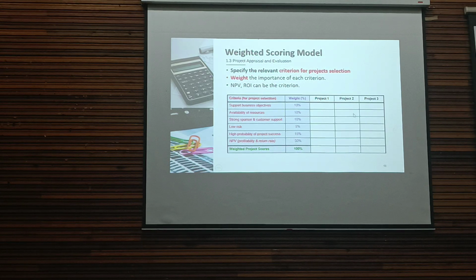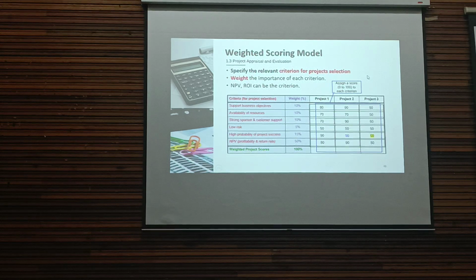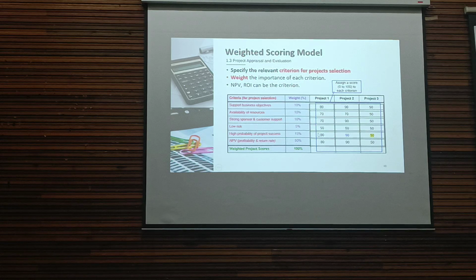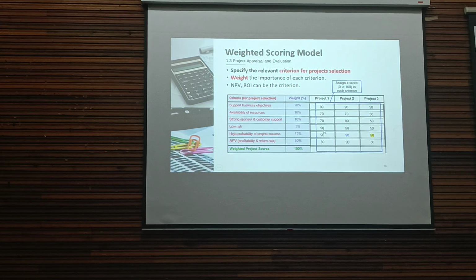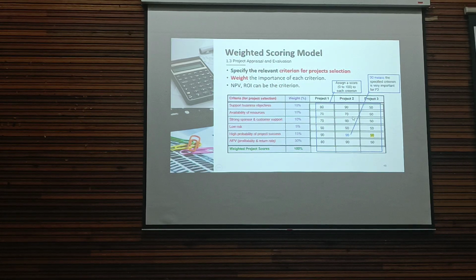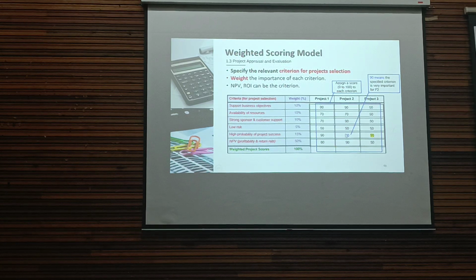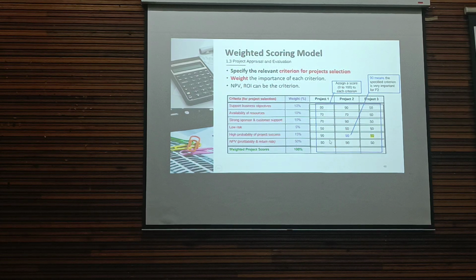Then you have projects 1, 2, and 3. Assign a score for each project. For each project, assign a score from 0 to 100 to each criterion. You may give project 2 a score of 90 for this criterion. 90 means this criterion is very important for project 2.